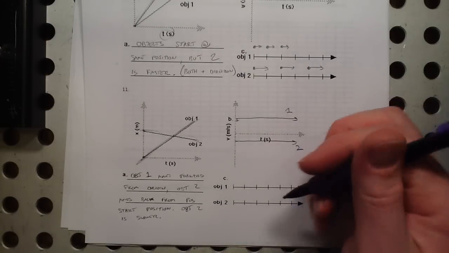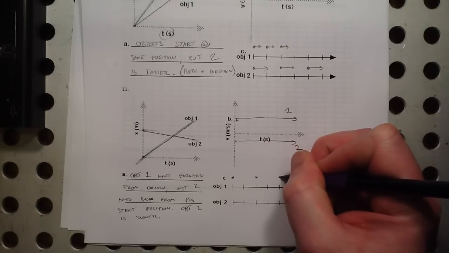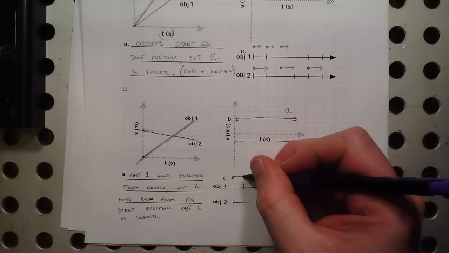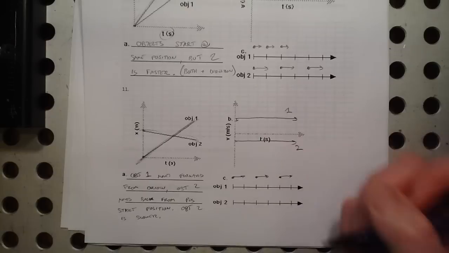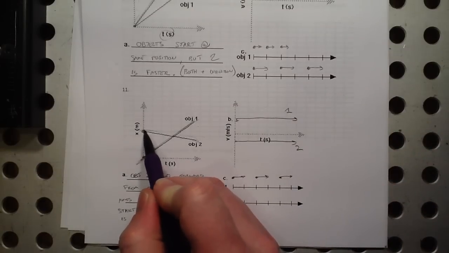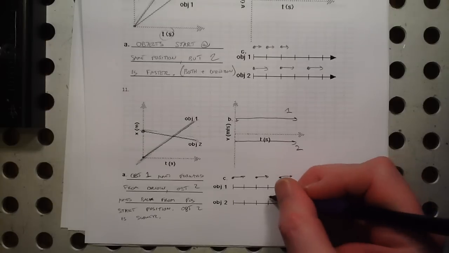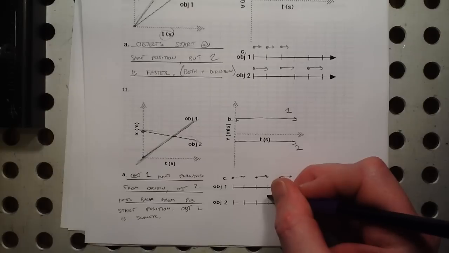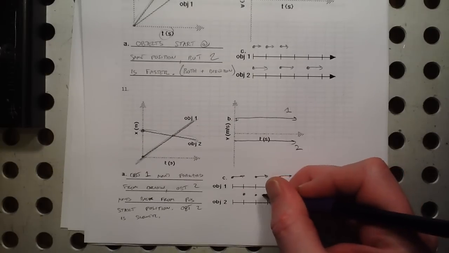Now let's see if we can get this. I'm going to make my object 1 look like this. It's the faster one. It's going forward. It starts at the origin. Now this object starts ahead, let's say here, and moves backwards, not as fast.